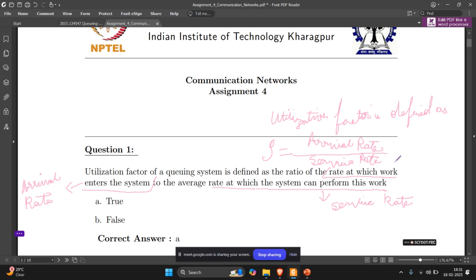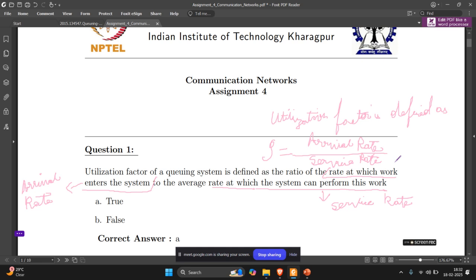If a particular server can service one customer per minute and another server can service two customers or two packets per minute, then for the same arrival rate of 10 packets per minute, the first has a utilization factor of 10, because the arrival rate is 10 packets per minute and the service rate is 1 packet per minute. So he will be blocked for the next 10 minutes.